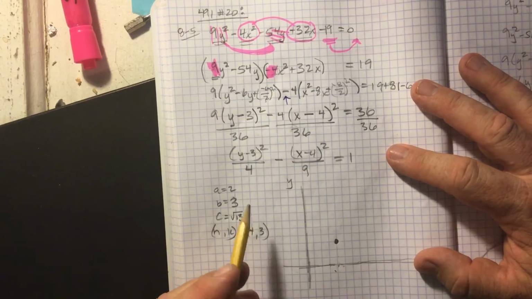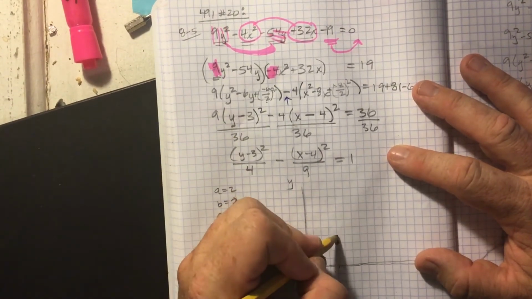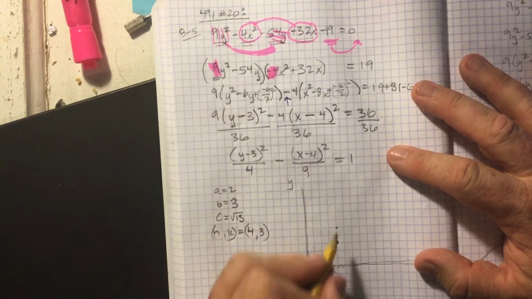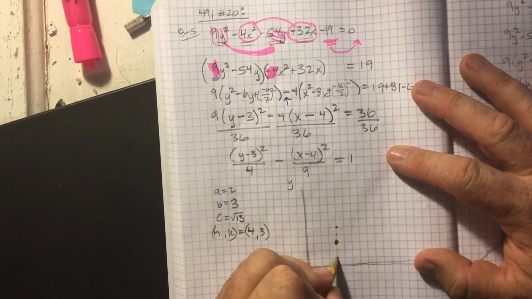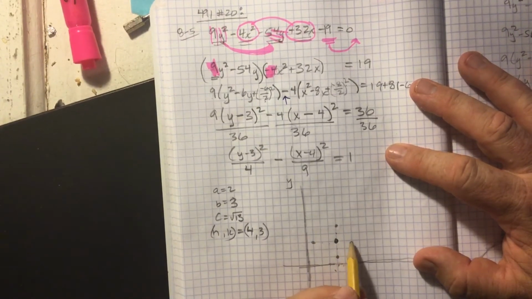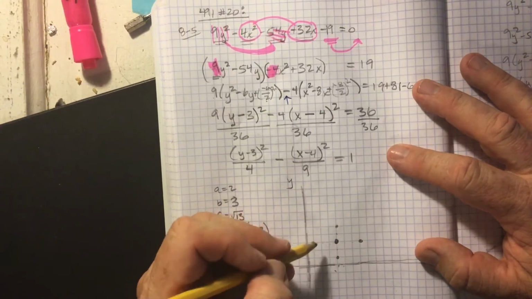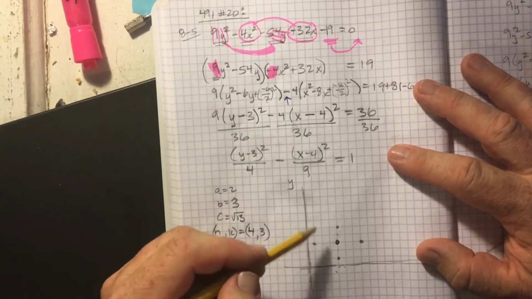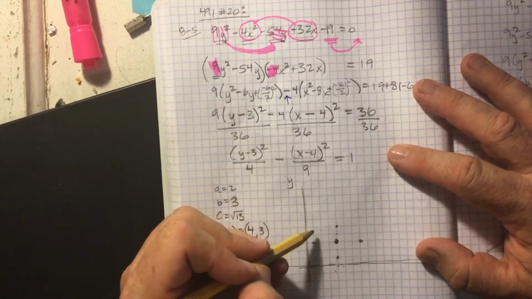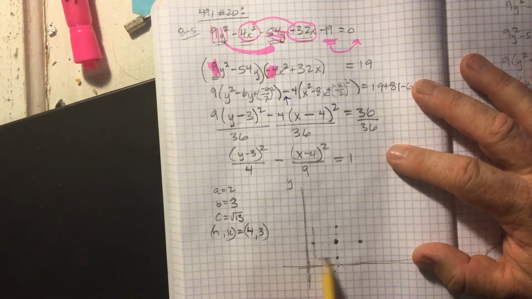From there, I know my A is going this way, so I'm going to go 1, 2. There's my A. My B is 3. 1, 2, 3. All right. So this is where it's a little different when it comes to hyperbolas. I'm going to draw a really, really light box right here.